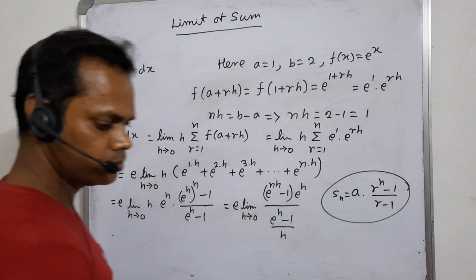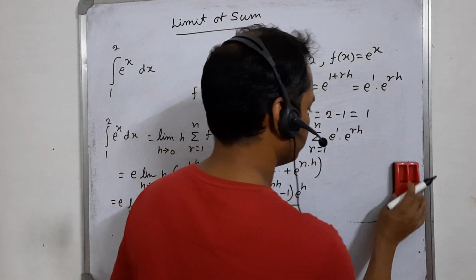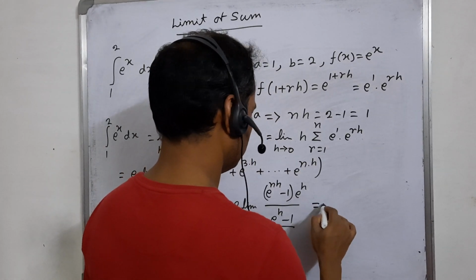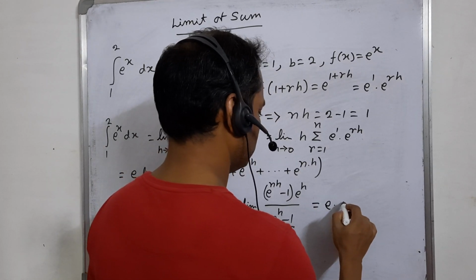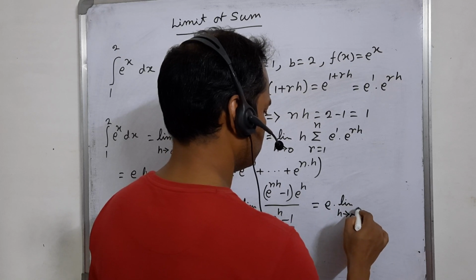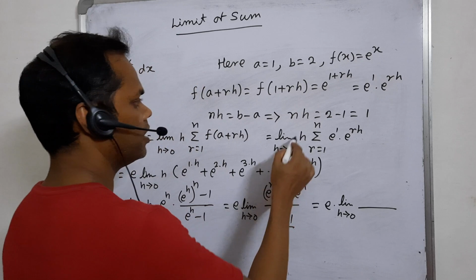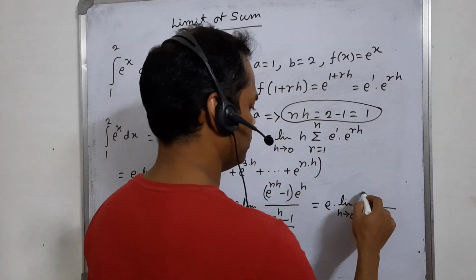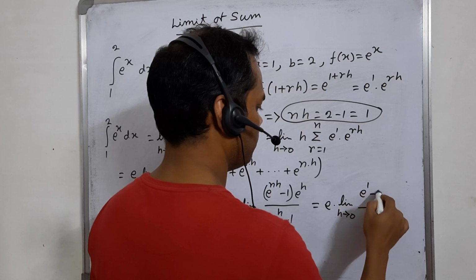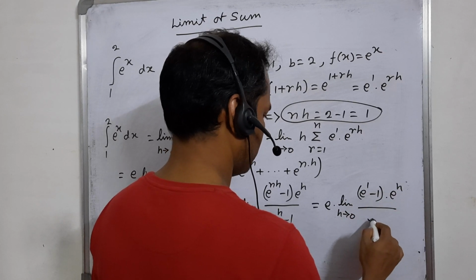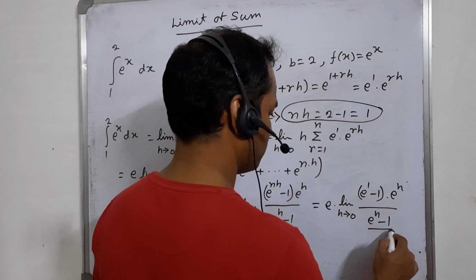So e into limit h tends to 0 of e to the power nh; here nh equals 1, so nh is replaced by 1, so (e to the power 1 minus 1) into e to the power h by (e to the power h minus 1) by h.